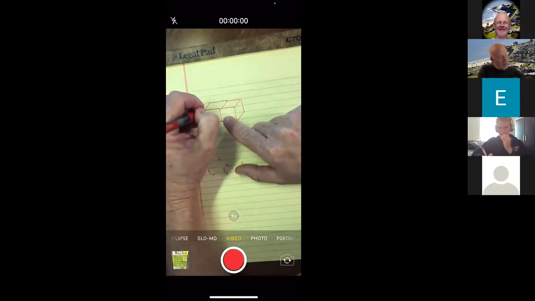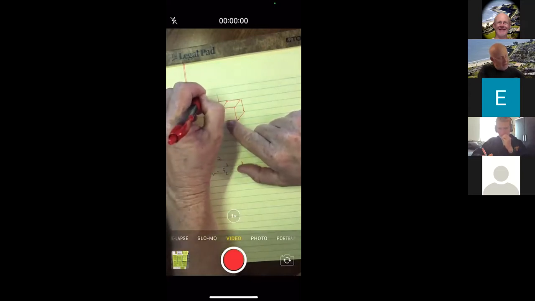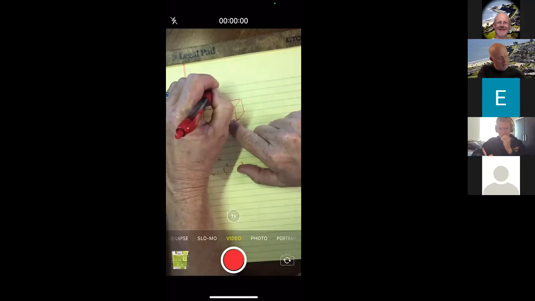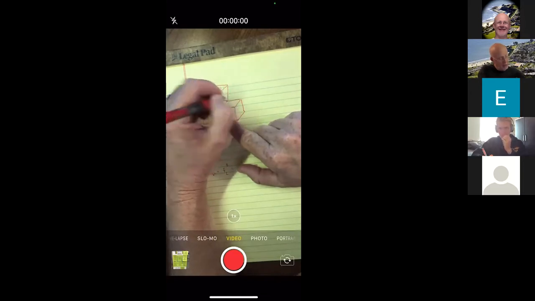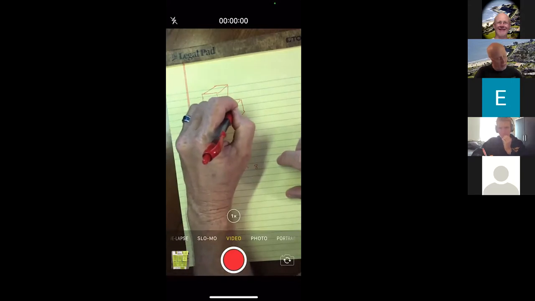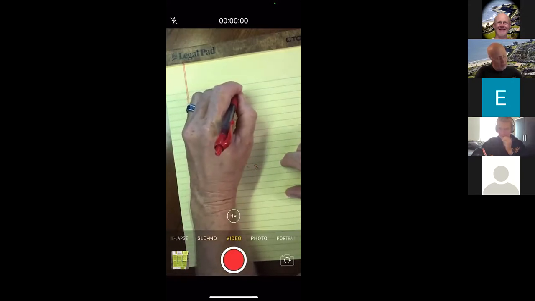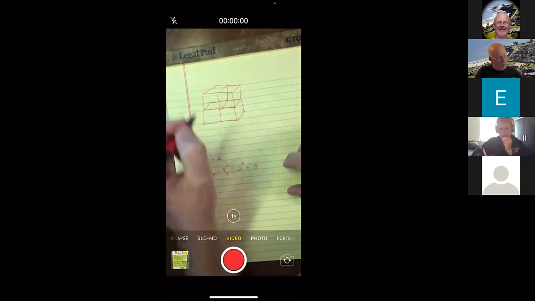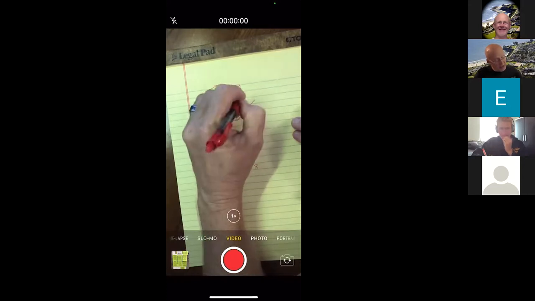But I'm also going to go up because I'll have twice the height. And then I also have to go twice the depth.